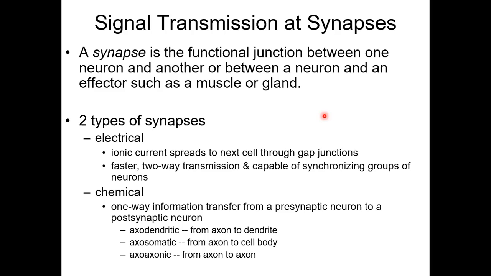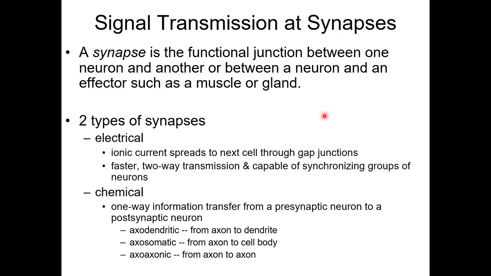Another example, which will be coming in chapter 15, is that part of our autonomic nervous system relies on 2 sequential neurons to move nerve impulses from the spinal cord all the way to the heart, to the lungs, to the small intestine, and many other targets.